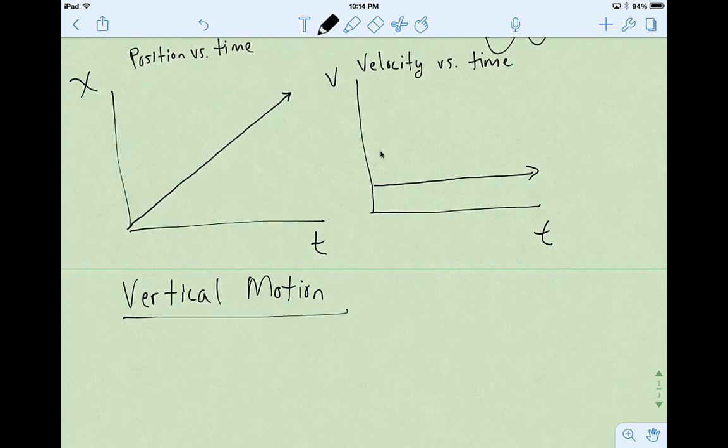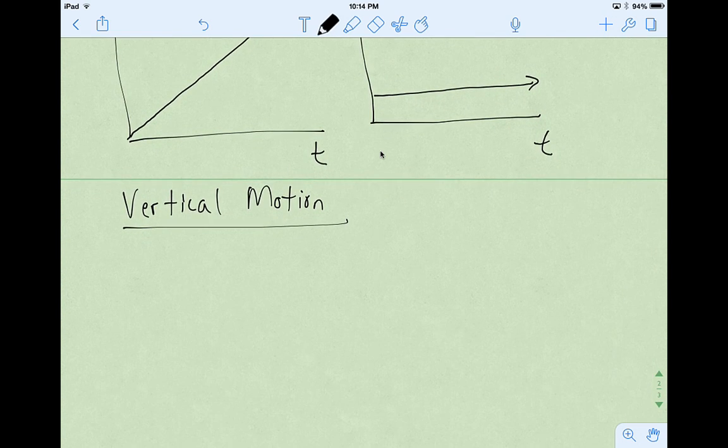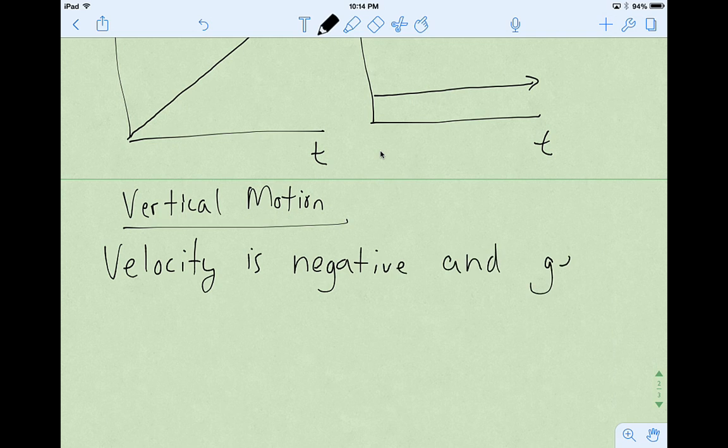Okay, so here's what's important about vertical motion. Okay, so velocity is negative and getting faster.